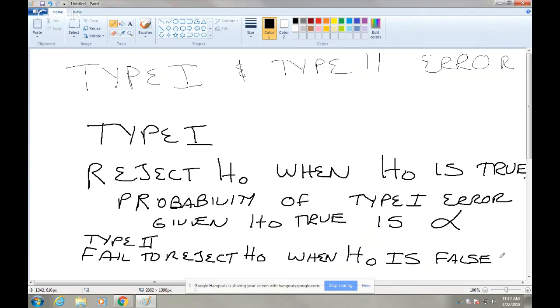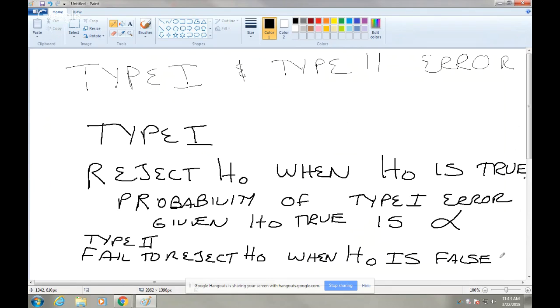And I don't know if your textbook goes over this or not, we will not be paying much attention to it because it's just a bit much to deal with right now. But there is such a thing as a probability of type 2 error.